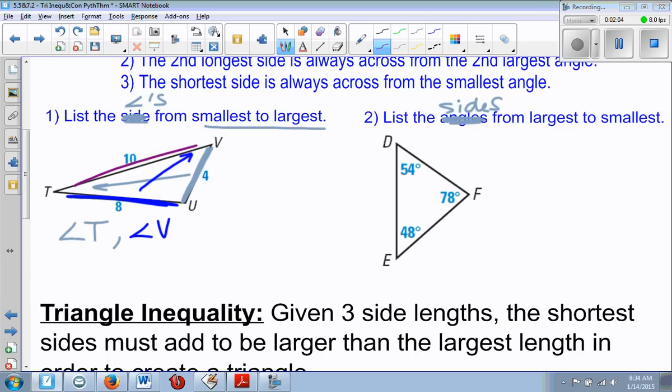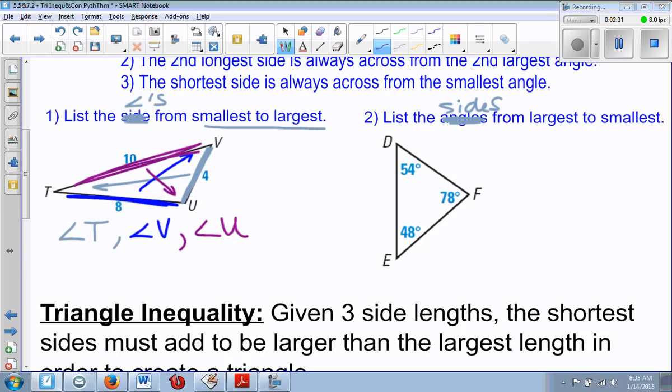And then the largest side is the 10, and the angle directly across from it is angle U. So what I've done here is listed the angles from smallest to largest, because that's what the problem asked. They would be angle T, angle V, angle U. Again, it's based off of the fact that the side lengths across from each angle are in order from 4 to 8 to 10.